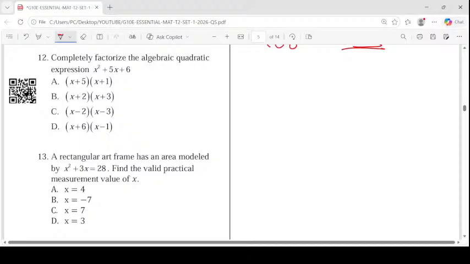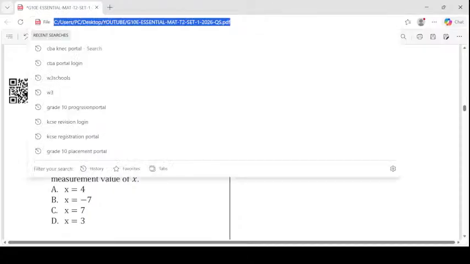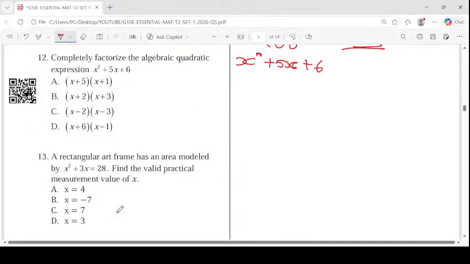So when I have x squared plus 5x plus 6, I'm going to look for the sum and the product. The sum should be 5 and the product should be 6. Then the two numbers should be 2 and 3.